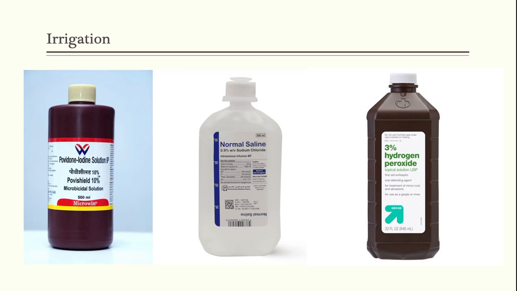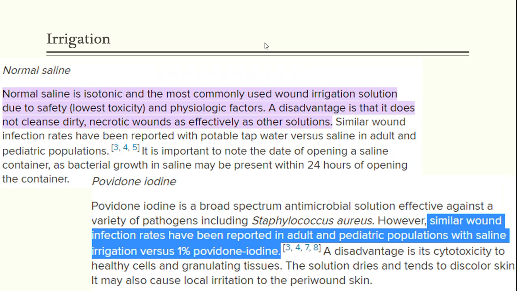Now, irrigation can be done with povidone iodine solution, normal saline, or hydrogen peroxide. Each has its own advantages. For example, normal saline is isotonic, with lower toxicity and physiologic factors. But the disadvantage is that it does not clean dirty necrotic wounds as well as other solutions.